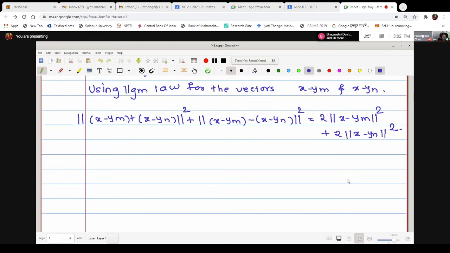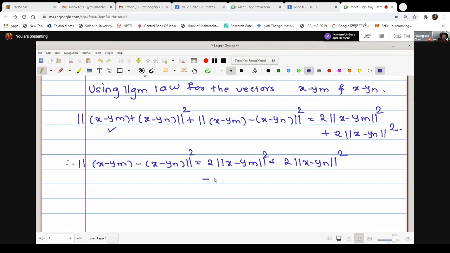Okay. Now what are we going to do? We will shift this term to the right, and write the rest as it is. Shifting this, writing the right hand side quantities as they are: 2 norm square x minus yn. This we are shifting to the right with a negative symbol, of course.